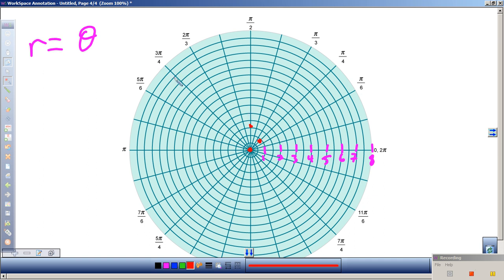Okay, if we plug in 3 pi/4. Okay, so 2 is there, so 2.4, so a little bit further out. If we plug in pi, what is pi? Don't you dare plug in your calculator. Okay, 3.14. Okay, this was at 2. I can start seeing the pattern. That's going up.